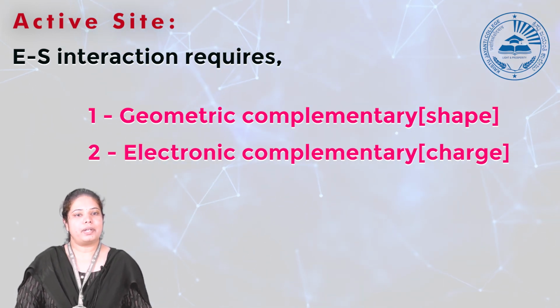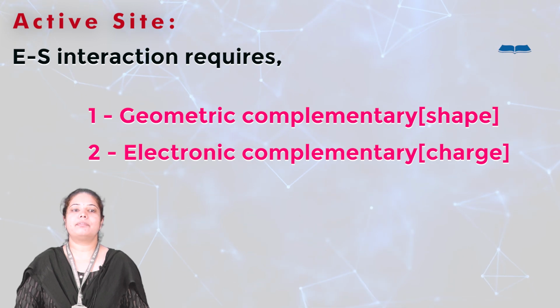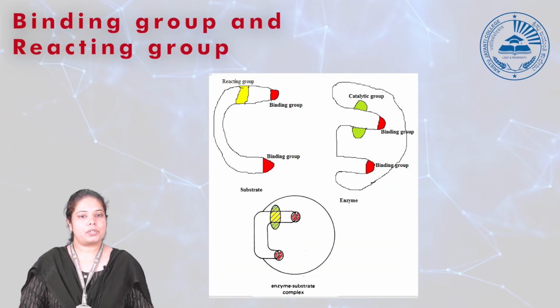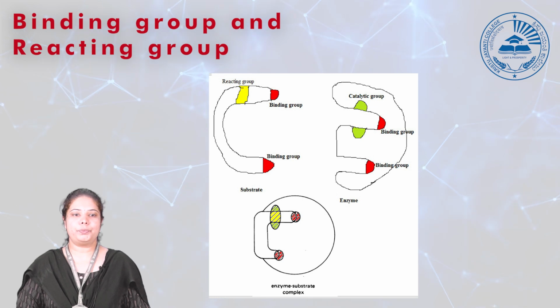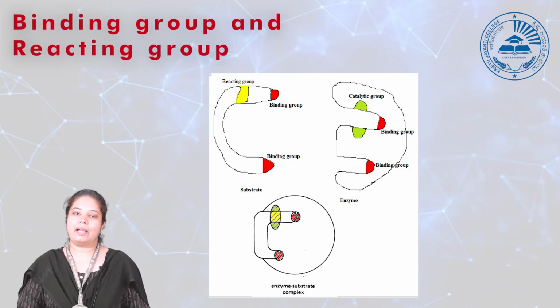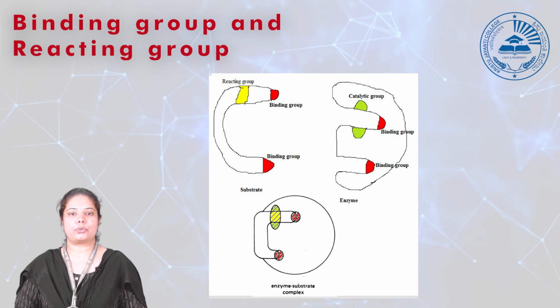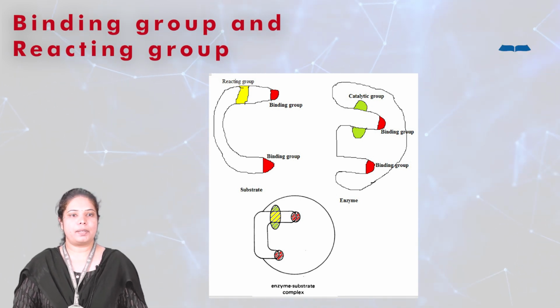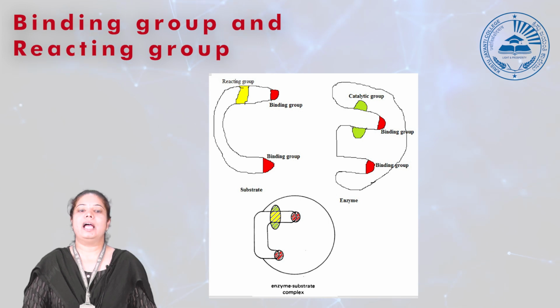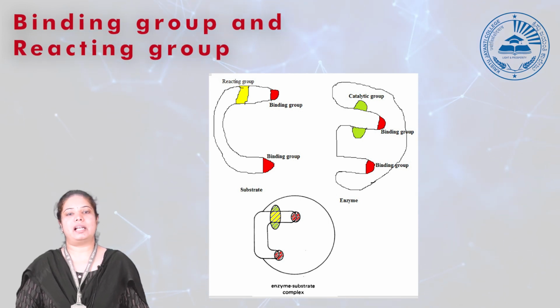So in enzyme substrate interaction, we have 3 points of interaction between enzyme and substrate. The substrate has two binding groups, shown in red, and the enzyme also has two binding sites, also shown in red. The substrate has a reacting group, shown in yellow, and the enzyme has a catalytic group.